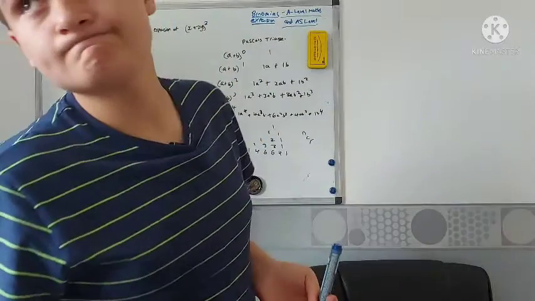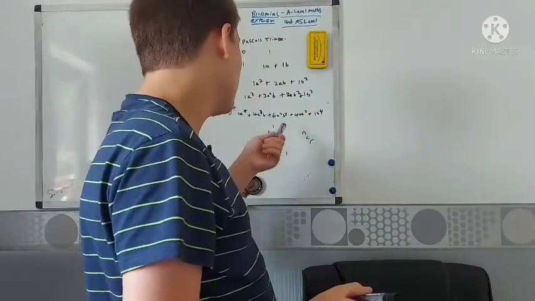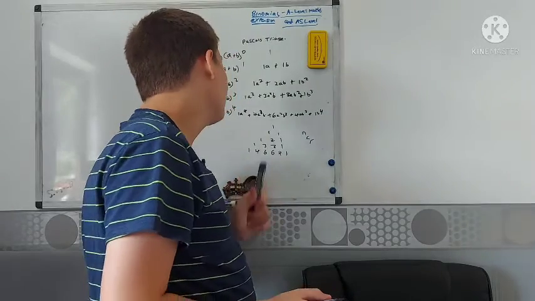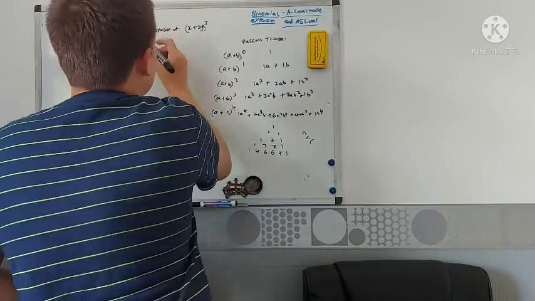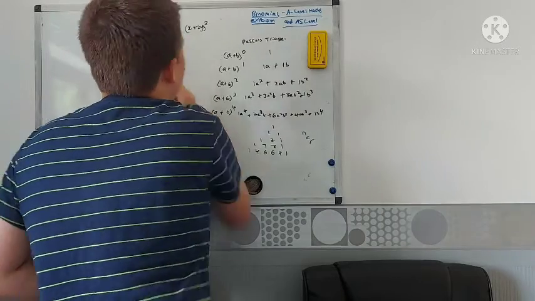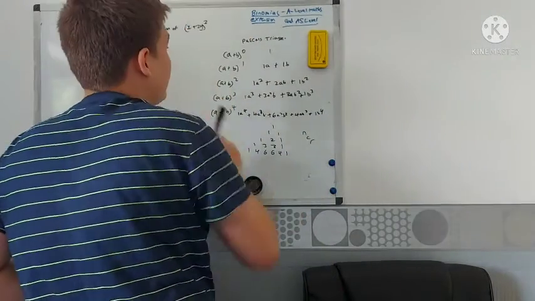Now you can work out what your coefficients should be using this grid, a and b. So what's your a going to be? a should be the x. b is the 2y. And what's the power?